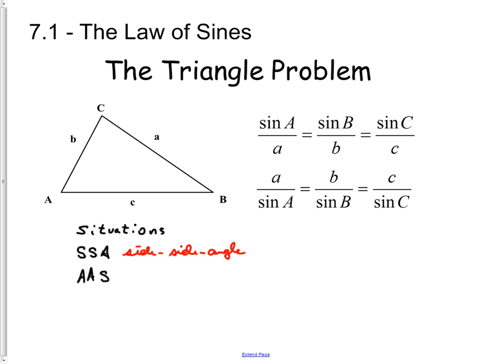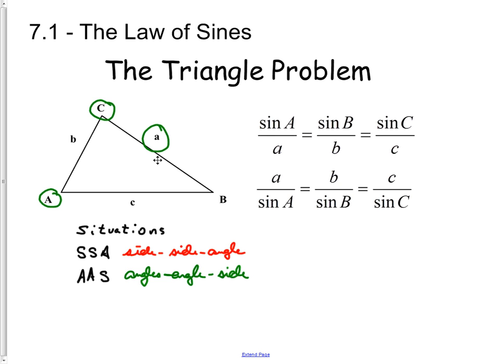So if we look at this situation, let's say that we had angle A, we had angle C, and then we had side A. That is enough information because with the two angles and a side, we call this angle-angle-side, we have enough information to build any one of these ratios. We can take the sine of angle A divided by the length of side A, set that equal to the sine of angle C divided by the unknown side C, and solve for that side C.